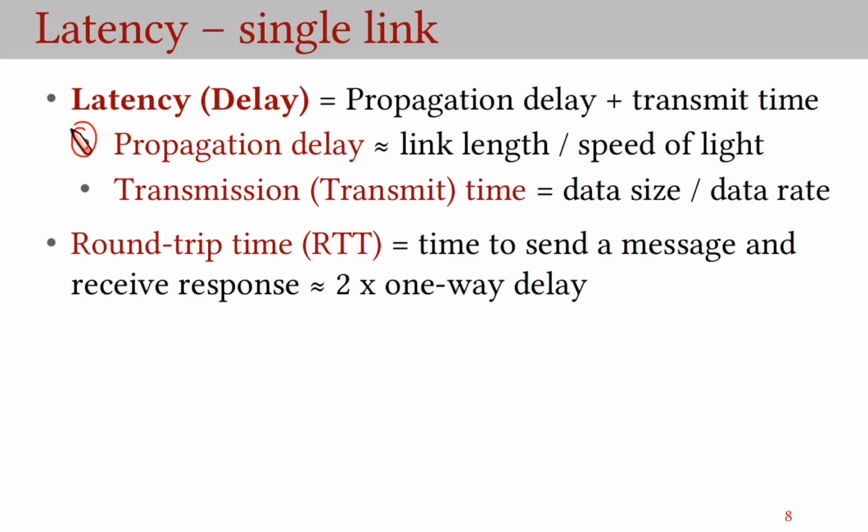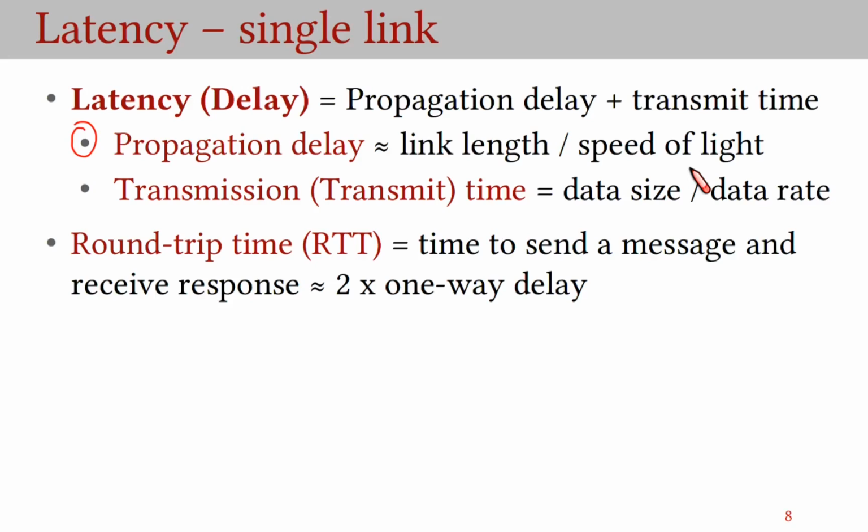From the laws of physics, nothing can travel faster than light, and in most cases we are talking about electromagnetic wave being the signal, and therefore propagation delay is given by the link length divided by the speed of light in that link, which is approximately 2/3 of the speed of light in free space in copper and fiber links.